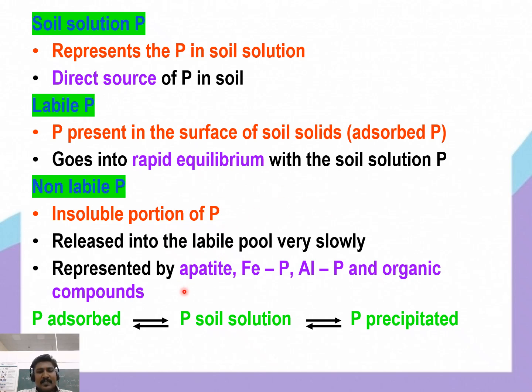They are represented by apatite, iron phosphate, aluminum phosphate, and organic compounds. They are non-labile because they are not easily soluble. So phosphorus in soil solution is the available form. Adsorbed phosphorus is labile phosphorus, and phosphorus precipitation is non-labile phosphorus.